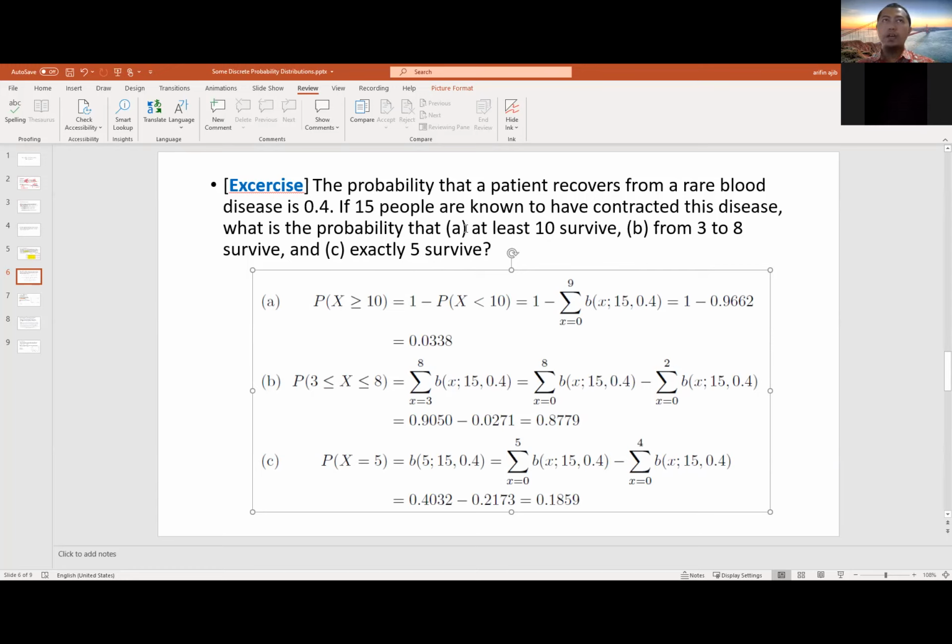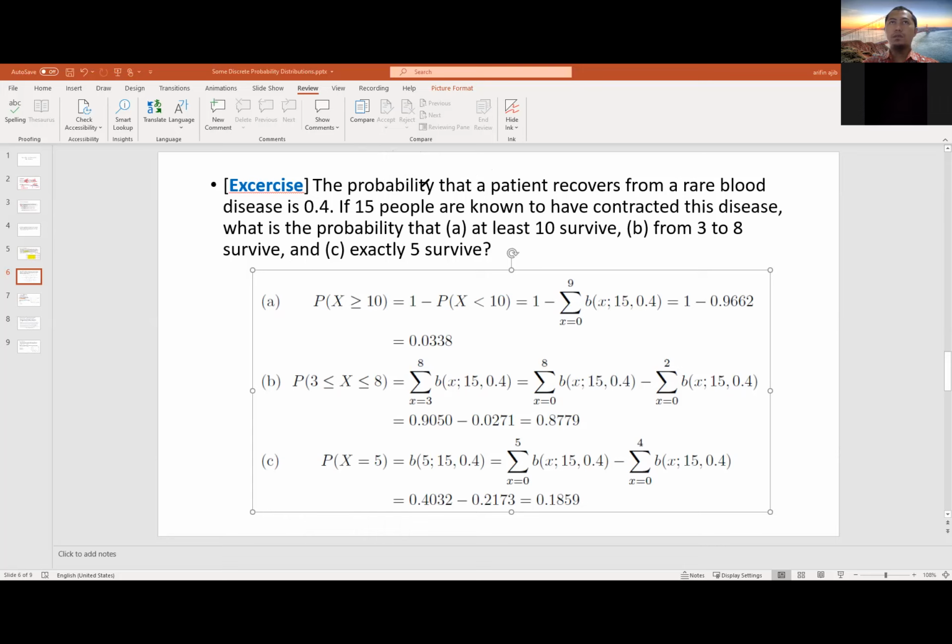So first, you have to identify the initial information from the problem.